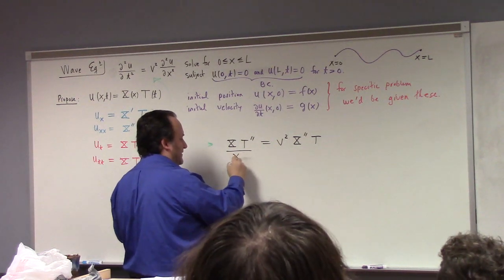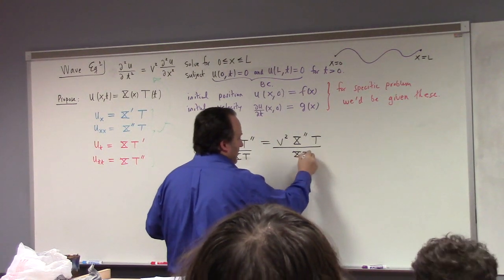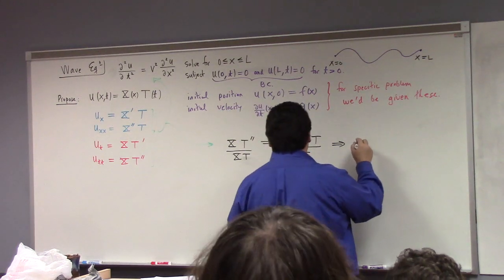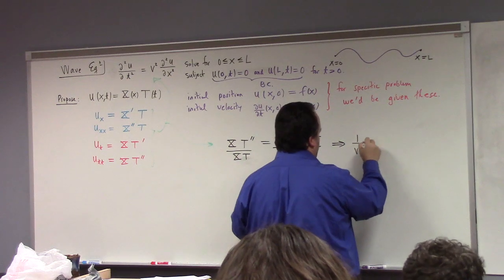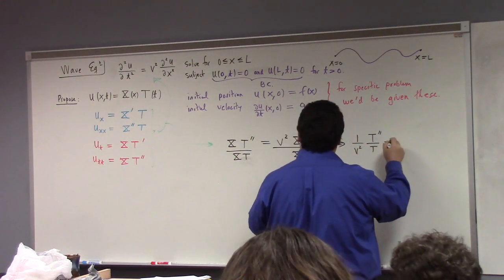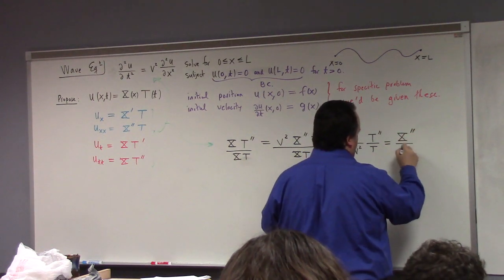Divide by XT, and that will tell me that 1 over v squared T prime prime over T is equal to X prime prime over X.